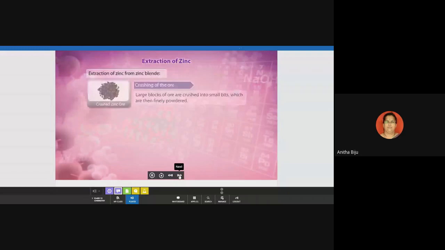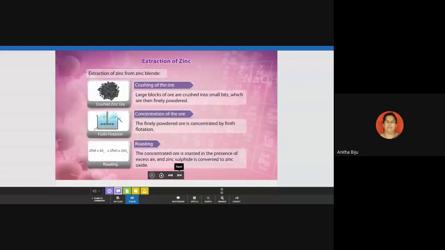The first stage of extraction of zinc is crushing of the ore. So crushing and pulverization. Large blocks of ore are crushed into small bits, which are then finely powdered in a pulverizer. After that, we get the finely powdered form of ore.